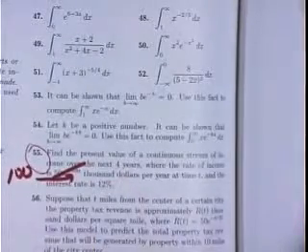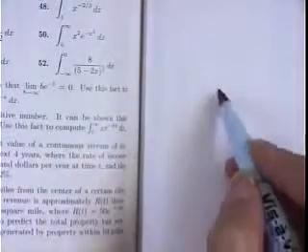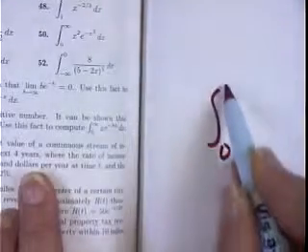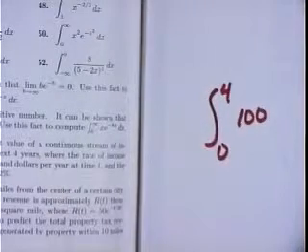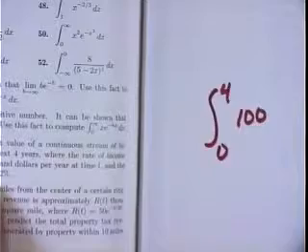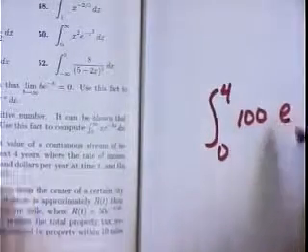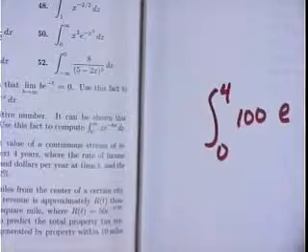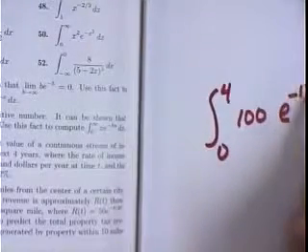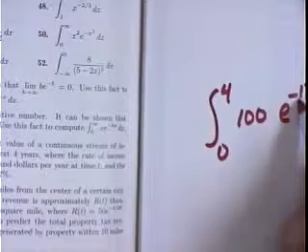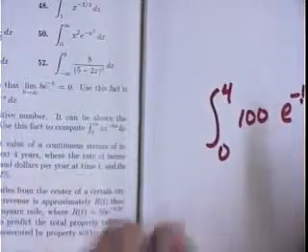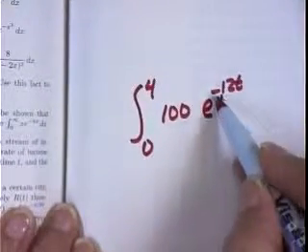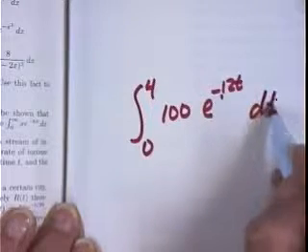So you're looking for present value. What's your formula going to be, everybody? Summation of. Okay, you're going to sum up over the next 4 years, so 0 to 4. You're putting in a total of 100,000, the units are thousands of dollars per year, because I changed the problem. E to the rate is 12%, but we're going to the present, so it's going to be negative 0.12 t dt.